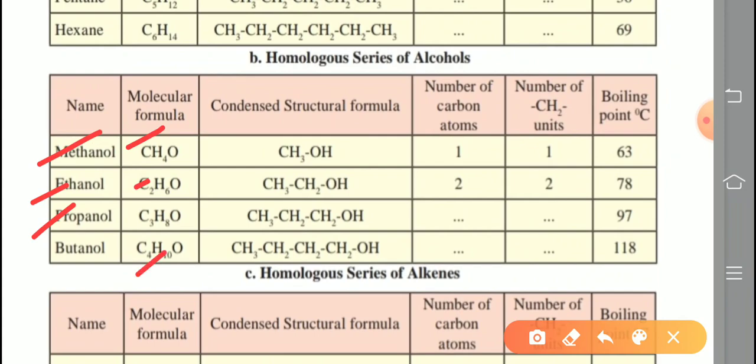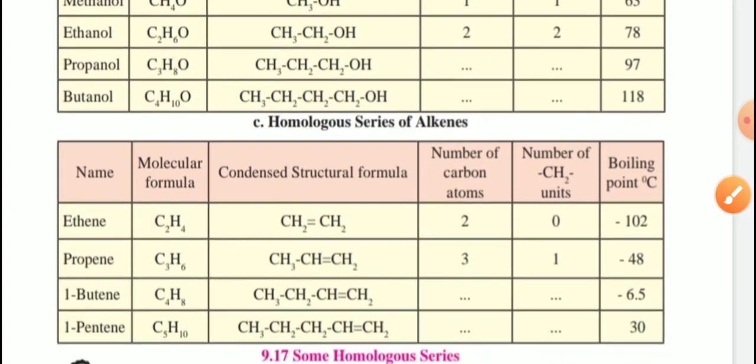Four carbon, then butanol, butyl alcohol. So check the number of carbon atoms, only 1, and the CH2 group is also 1 because this is an OH, alcohol group. Next, two carbon, then the same number of carbon atoms 2, CH2 group also 2, then next is 3, 3, 4, 4. Clear? In the last column, boiling points are given.